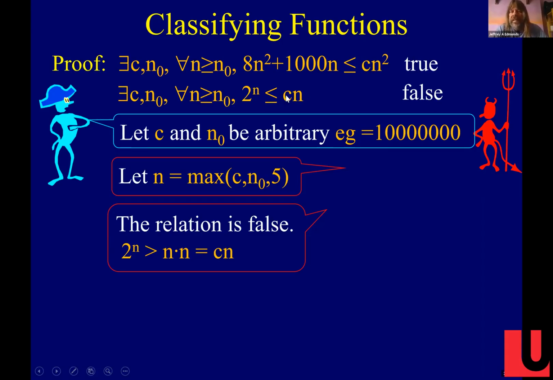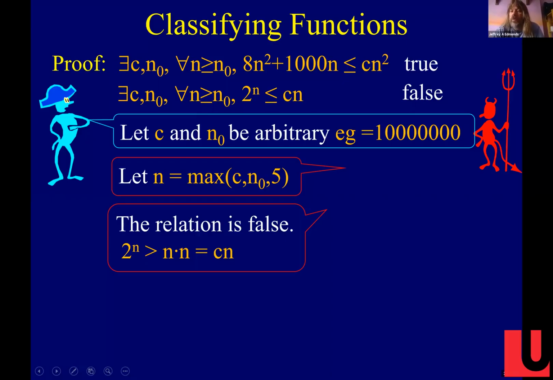And in order for him to claim it, he's given me a really big C, right? Maybe he's given me a big n naught. I don't know. So how do I prove he's wrong? He's saying it's true for every n. So I come up with one n for which it's not true, right? And what do I need my n to be? Well, I need to make it big.